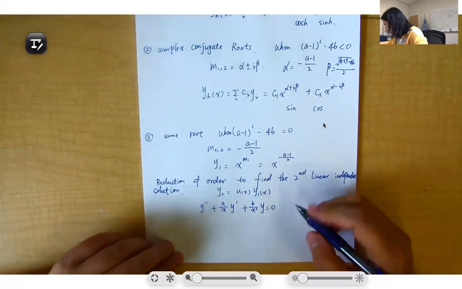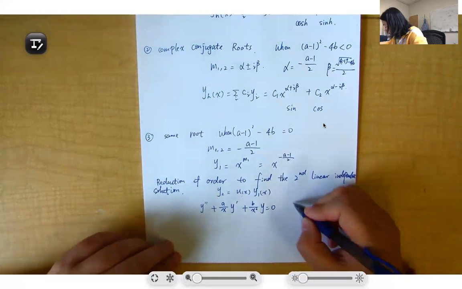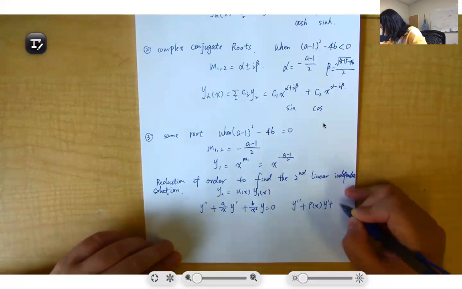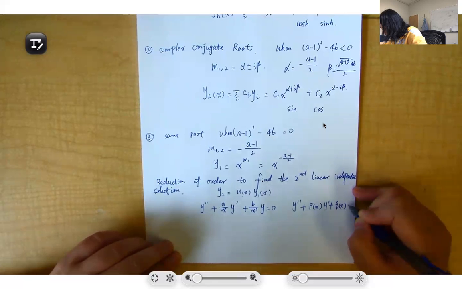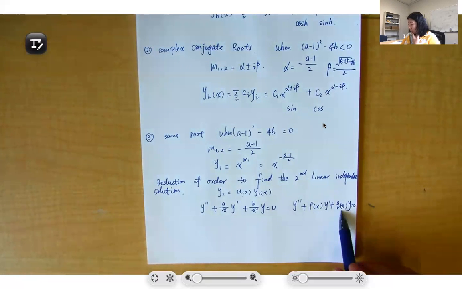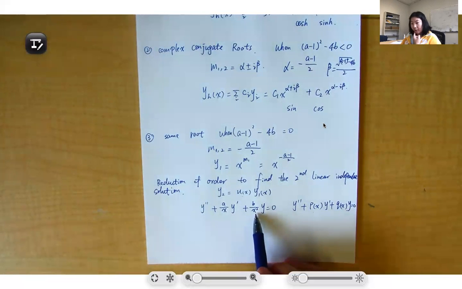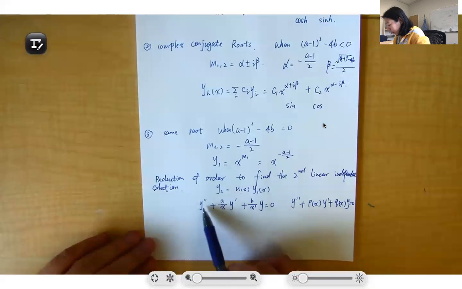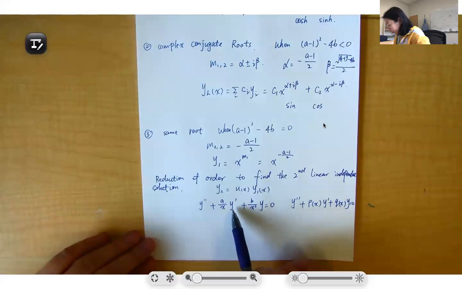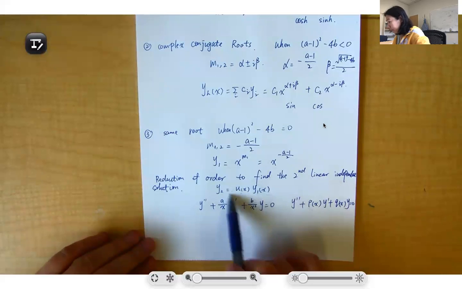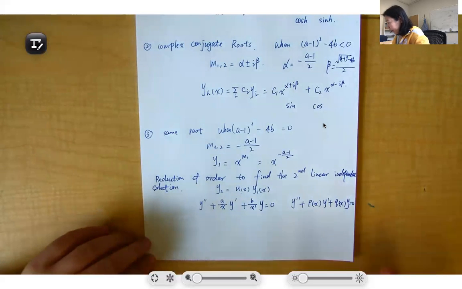And you can write this as the general form y double prime plus p(x) y prime plus q(x) y equals to 0, where p(x) equals a divided by x and q(x) equals b over x squared.